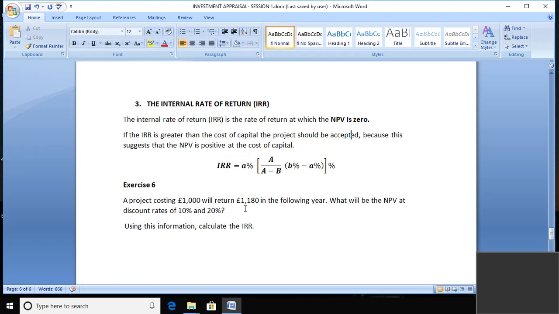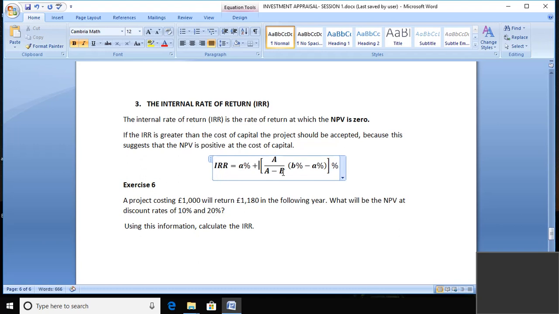The formula, internal rate of return equals the A% plus. Let's just try to edit the formula here. The formula must look like that, A% plus.